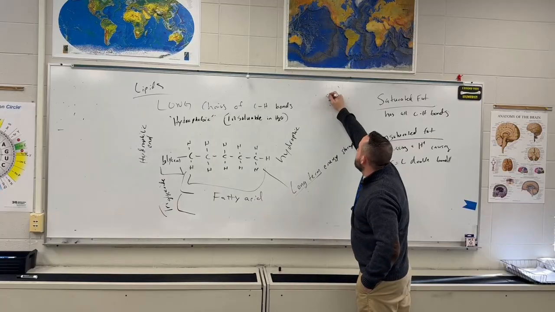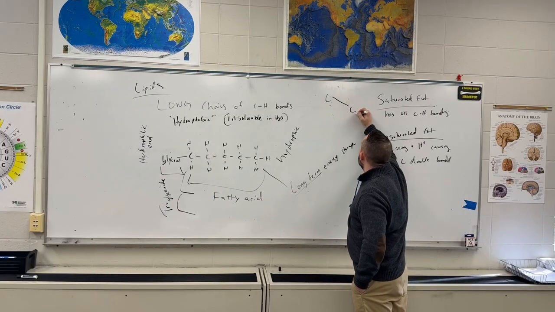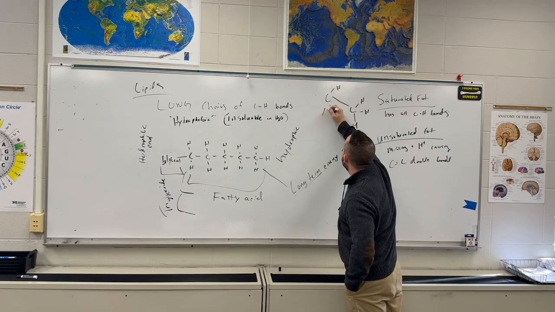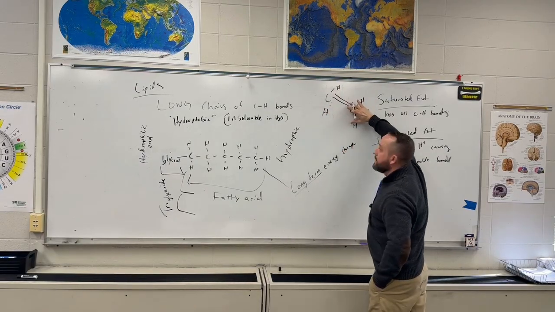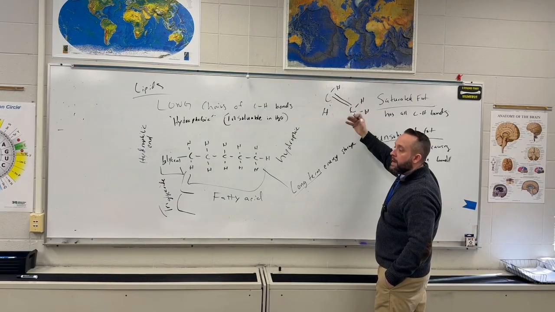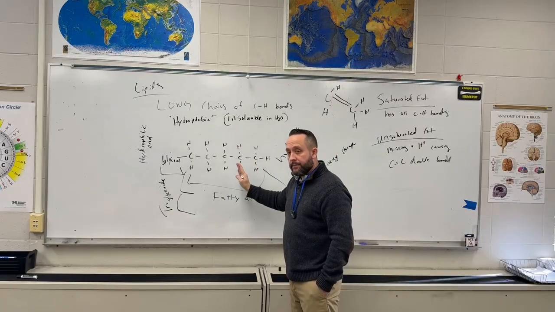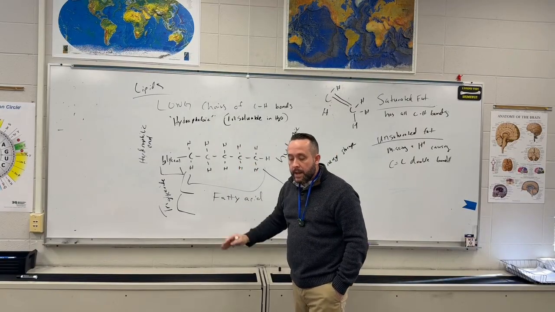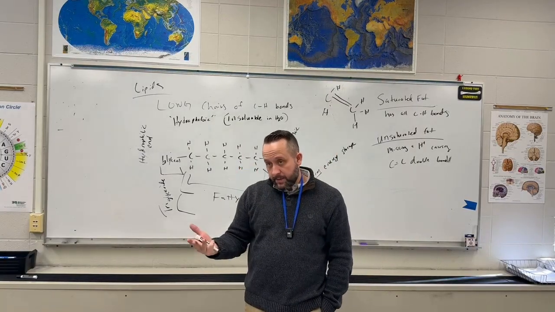But when you take one out, you get that double bond, it allows it to kind of twirl around this bond here. And that makes the chain bent. Okay? And if it's bent, it's unsaturated.